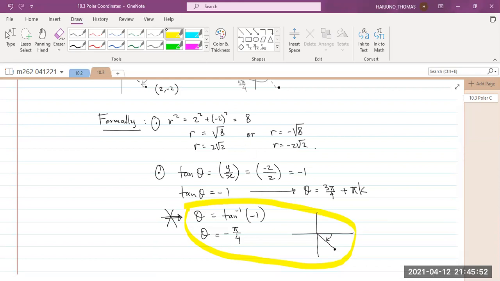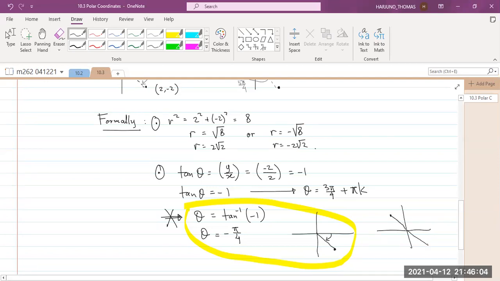While if you use tangent theta equals negative 1, you get multiple solutions, and those are 3 pi over 4, 7 pi over 4, negative pi over 4, negative 5 pi over 4, and so on and so forth.